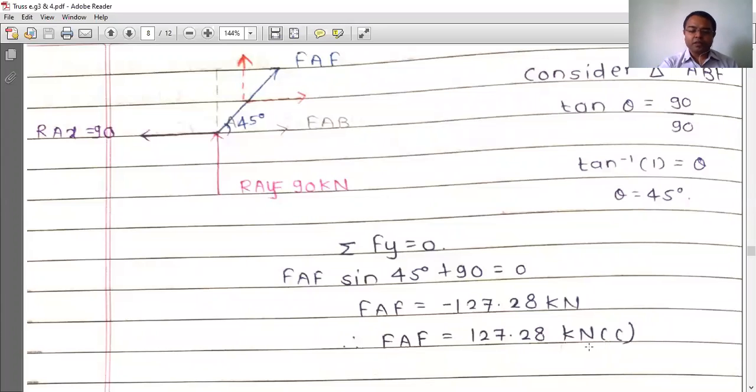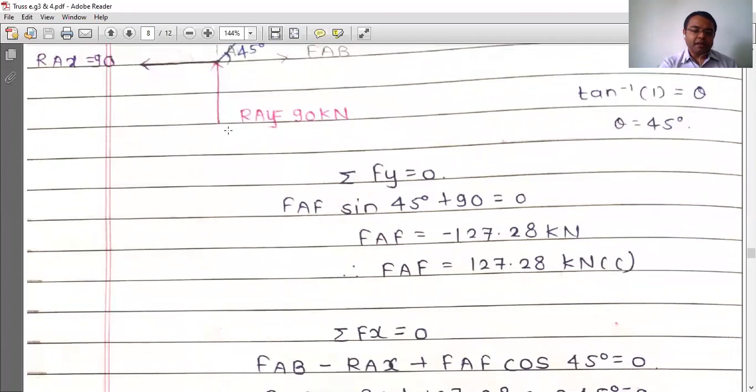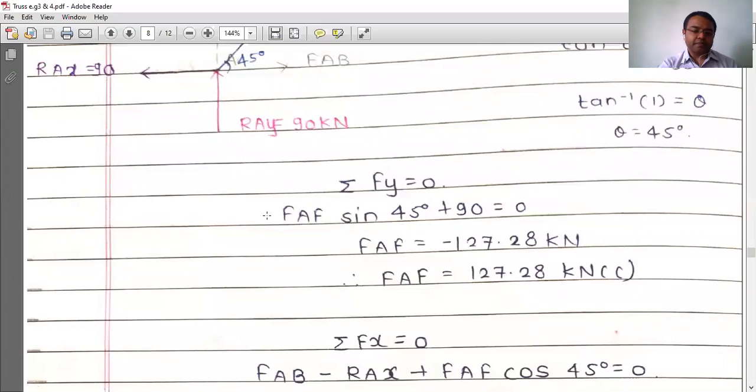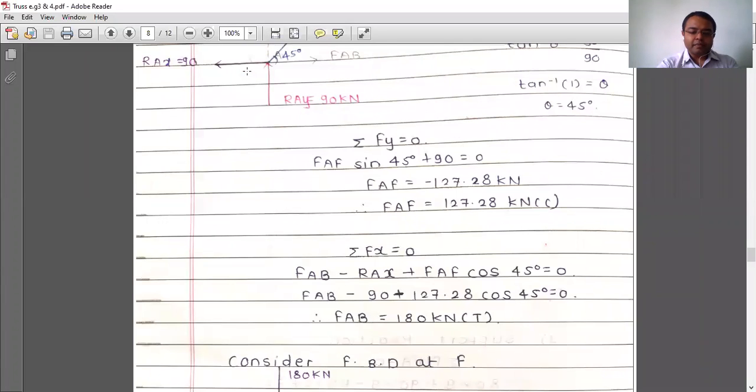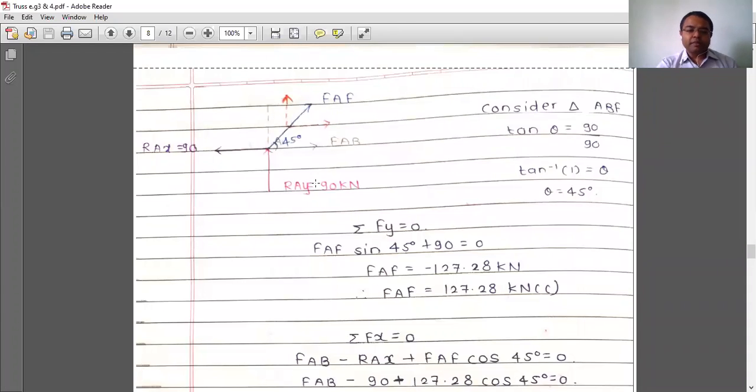Now to this diagram, apply summation Fx equal to 0. FAB going to the right, so take it as positive.